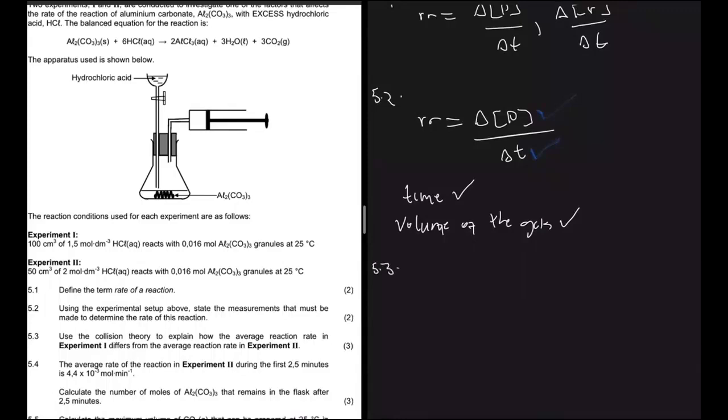5.3 says use the collision theory to explain how the average reaction rate in experiment 1 differs from the average rate in experiment 2.